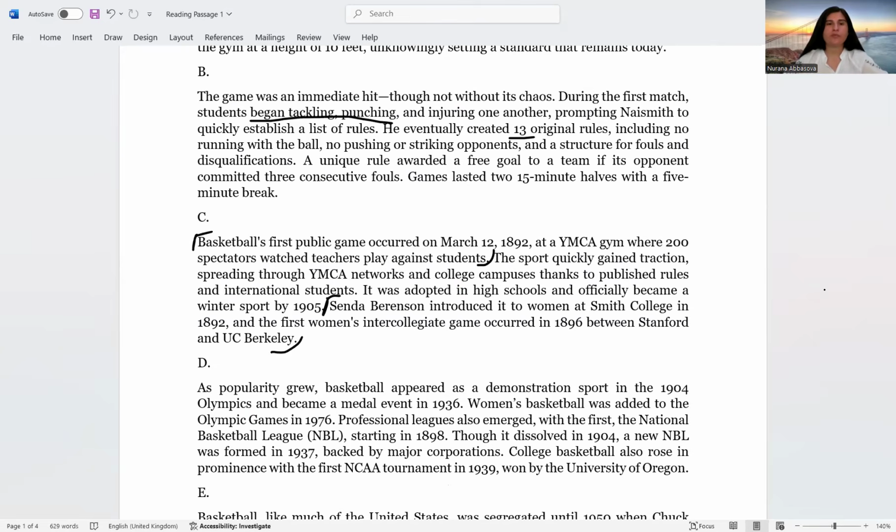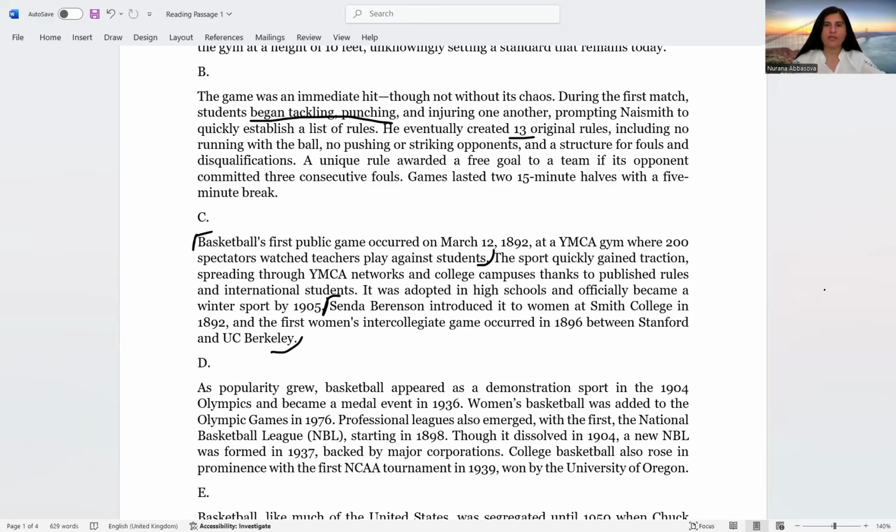Paragraph C. Basketball's first public game occurred on March 12, 1892, at a YMCA gym where 200 spectators watched teachers play against students. The sport quickly gained traction, spreading through YMCA networks and college campuses thanks to published rules and international students.